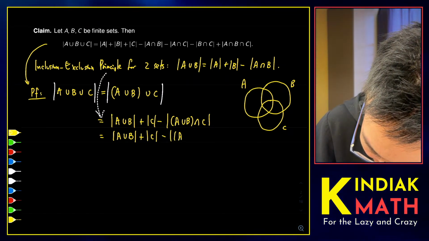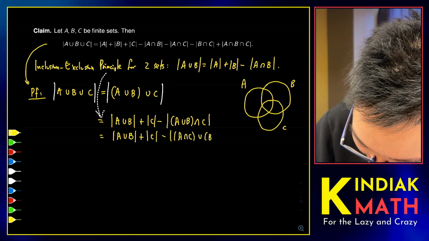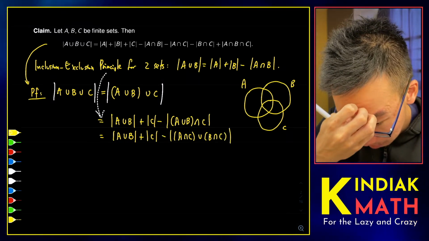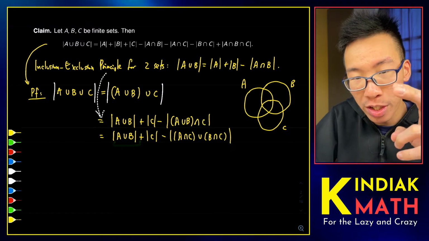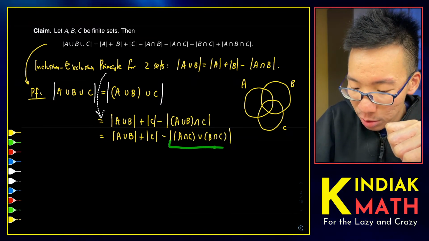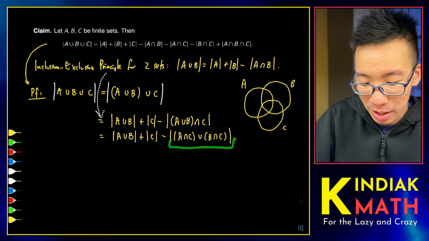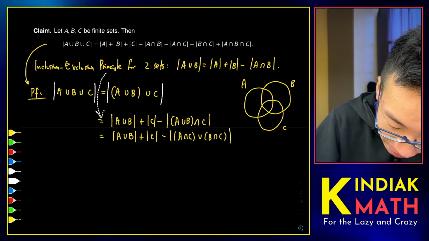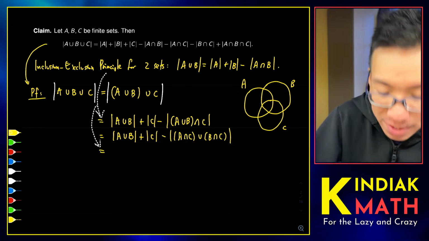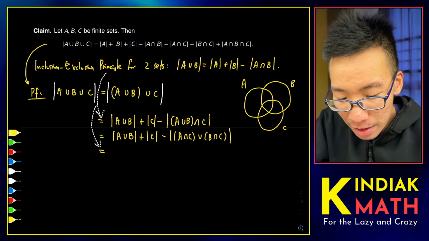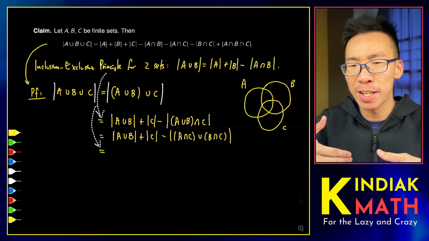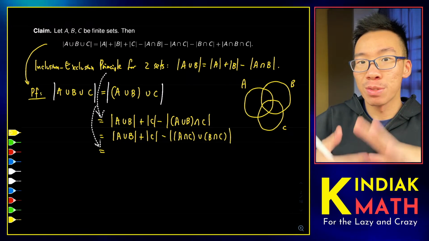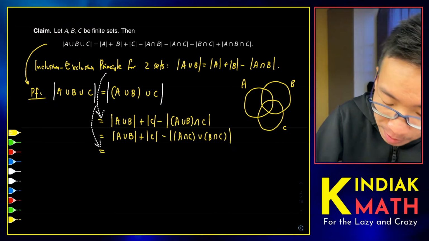So that will be A intersect C union B intersect C. And now we have a union of 2 sets and a union of 2 sets again. And this allows us to apply inclusion-exclusion a second time. Now this is the n equals 3 case, and I want to show you how it works for the n equals 4 case, because that will help you generalize in the most general situation.